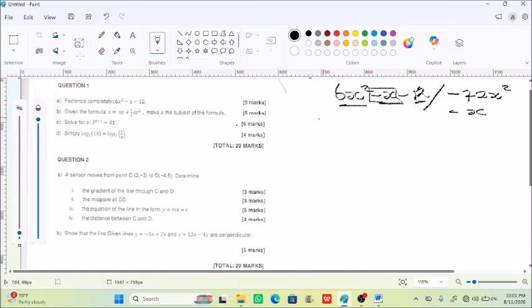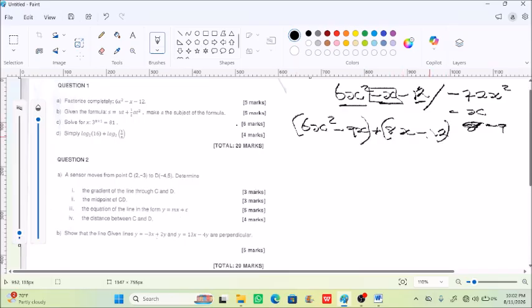So we are going to have 6x squared minus 9x plus 8x minus 12. From there we introduce the parentheses. We put this in parentheses, and also this in parentheses.